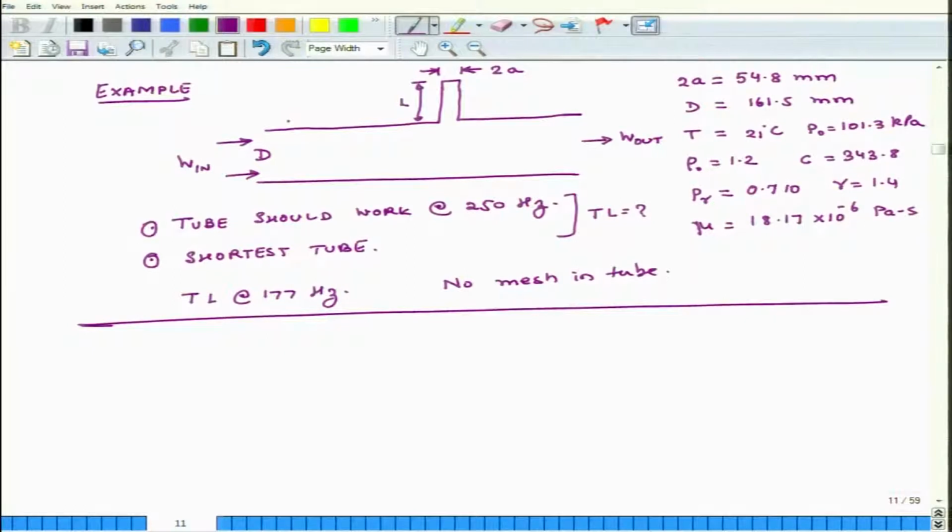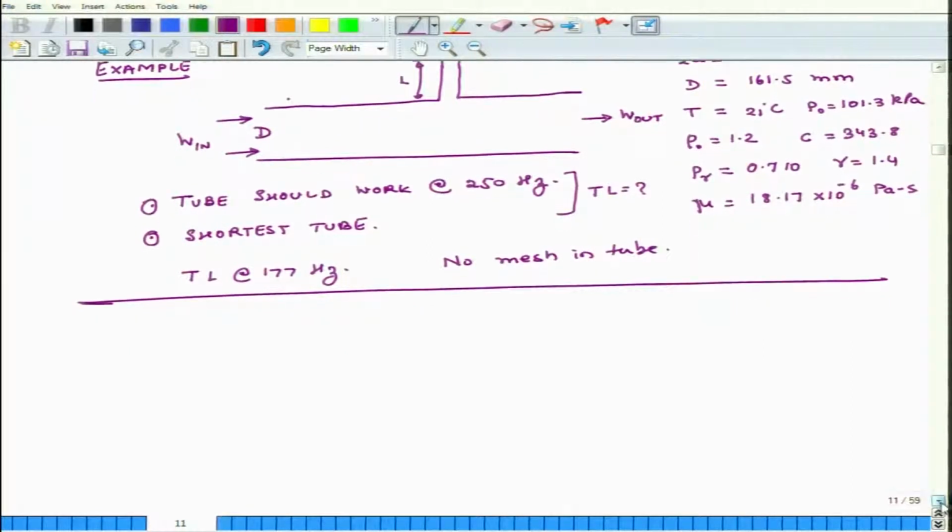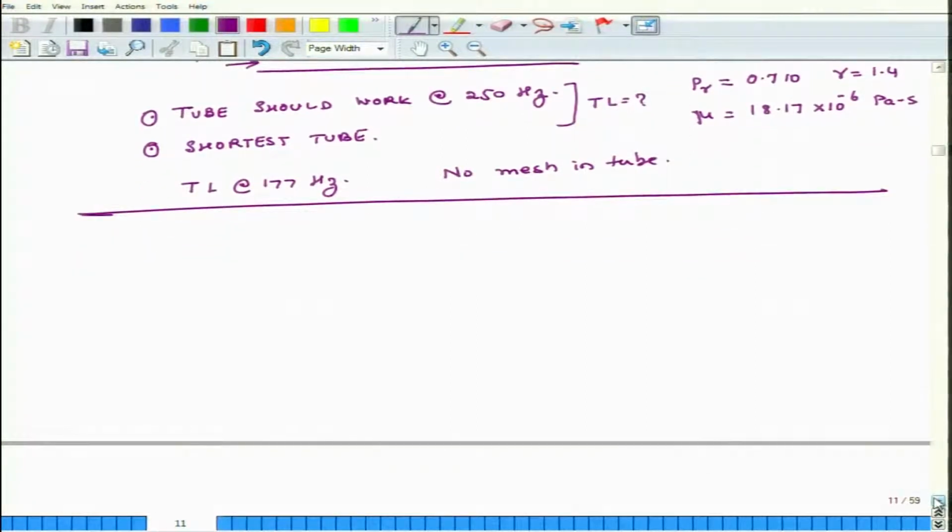We want this side branch to have its maximum performance at 250 hertz, and it should be the shortest possible tube. With these conditions we want to find the transmission loss in this system, and also the transmission loss at 177 hertz. So, this is the overall problem scope.